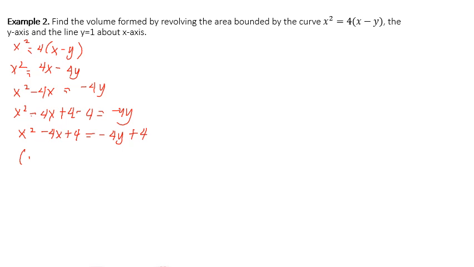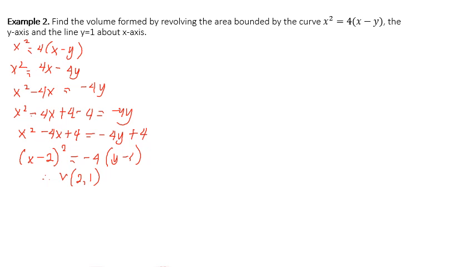This is equal to x minus 2, the factors of x squared minus 4x plus 4, equals, I need to factor out negative 4, so I have negative 4 quantity of y minus 1. Therefore, my vertex is (2, 1). And because you have negative 4 here, this parabola is facing downward.